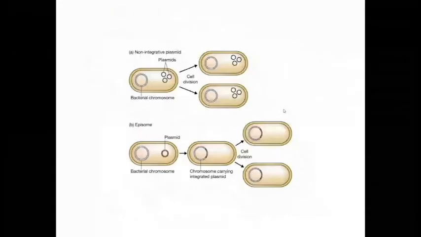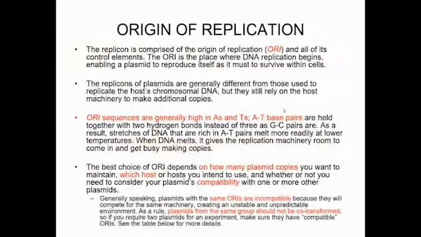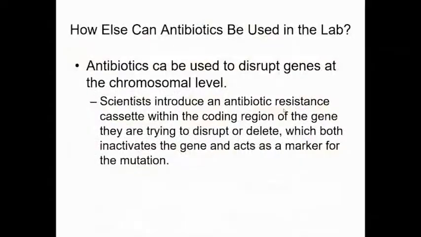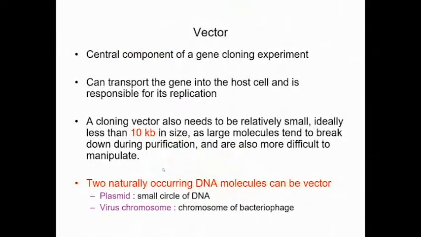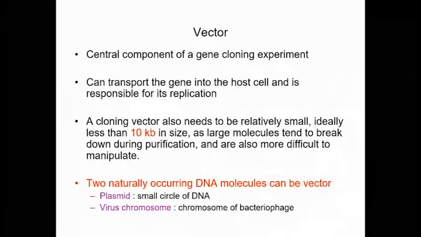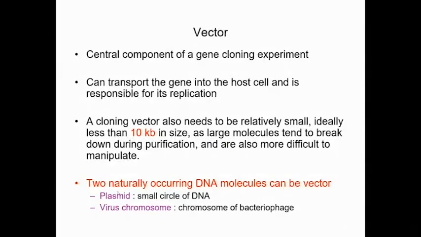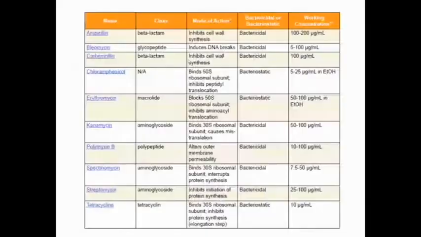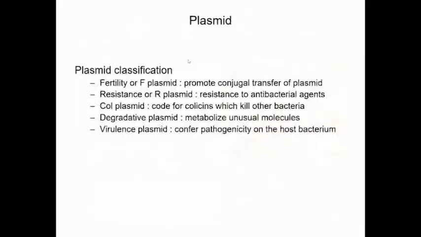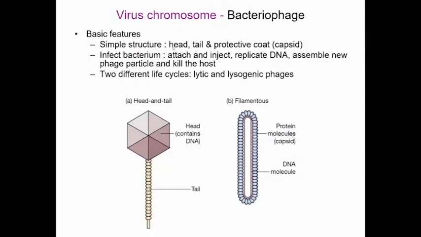From the vector, we have two naturally occurring DNA molecules: the plasmid, which is from the bacterial cell, and the virus chromosome, the lambda phage and M13.